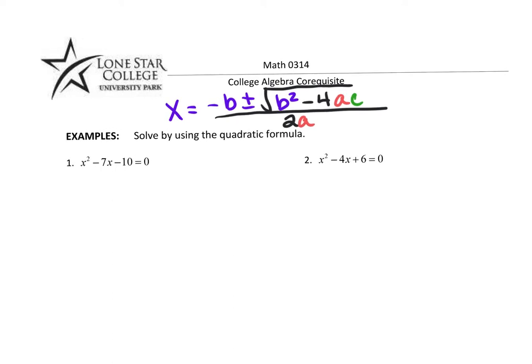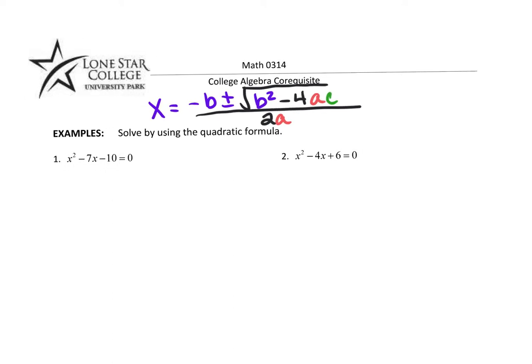And so every equation, first off, has to be set equal to 0 and has to be of the form ax squared plus bx plus c equals 0. So we want to get everything like that.